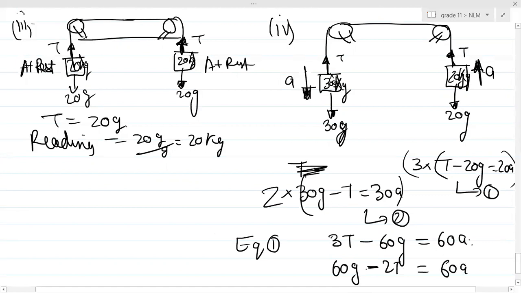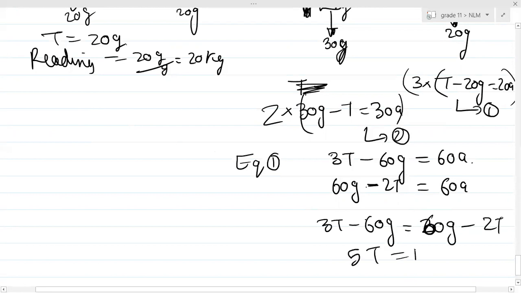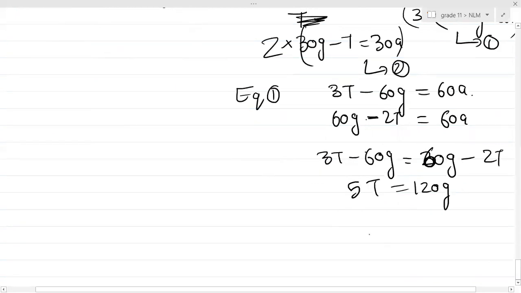Can you see the right hand sides are made equal? When the right hand sides are equal, the left hand sides must be equal too, so equate both. 5T is equal to 120g. So T is equal to 12 into 10 divided by 5. The tension comes out to 240 Newton.